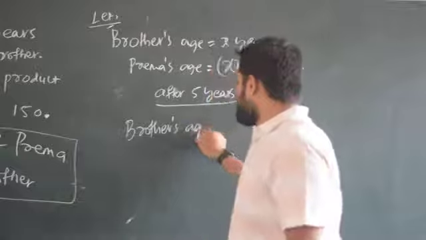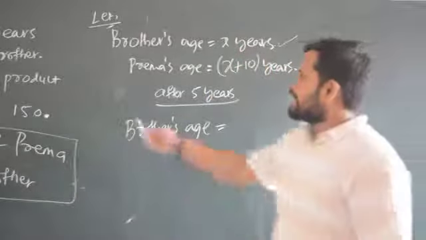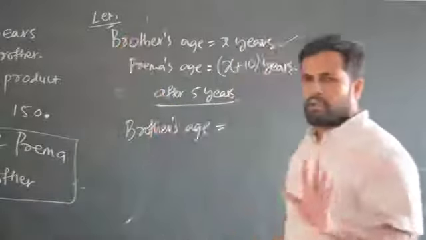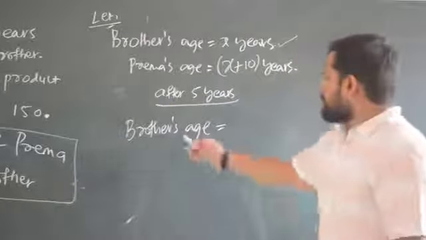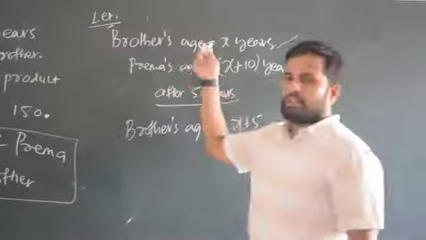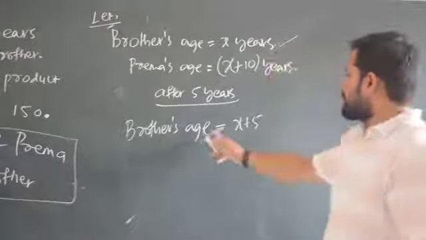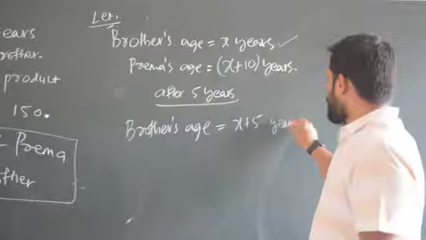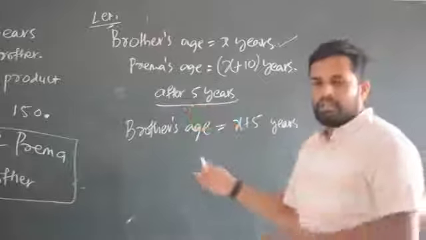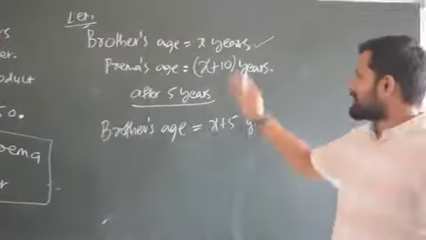Tell me. The present age is x years, so after 5 years it is going to be x plus 5. Why? Because after 5 years, he has grown 5 years more. That's very simple logic.